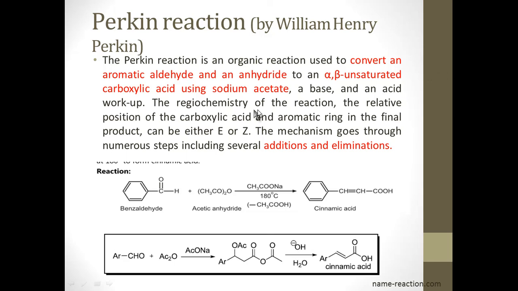Okay, the regiochemistry of the reaction, the relative position of the carboxylic acid and aromatic ring in the final product, can be either E or Z. So regiochemistry means the bonding or spatial orientation of the molecule will be changed, and ultimately we will get either E or Z. Okay, that means for the product which we will get, during the mechanism we will see there will be rotation or changing of the position of the various groups, and ultimately we may get either E or Z product.